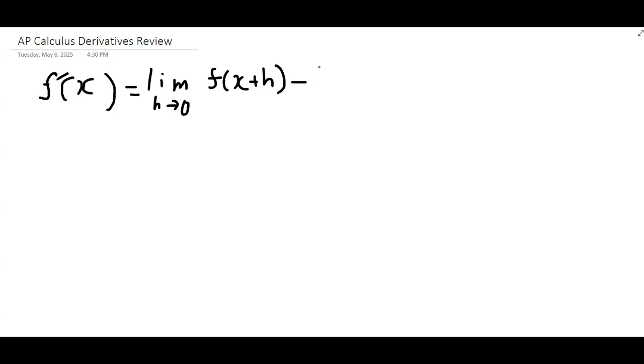So first of all, the definition of a derivative is f prime of x is equal to the limit of h approaching 0 of f of x plus h minus f of x, divided by h.